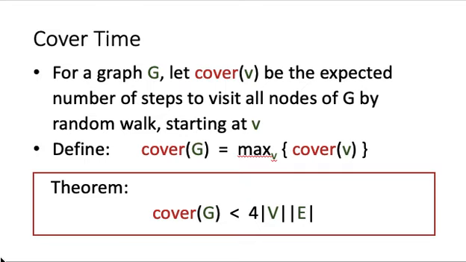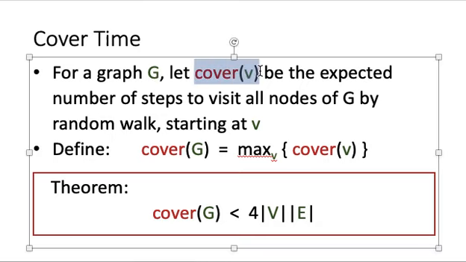Okay, next, based on the random walk on the graph, we can talk about cover time. What is meant by cover time? For a graph G, we let this notation cover of V be the expected number of steps to visit all the nodes of G by random walk, and this little v specifies that our starting point is V. So we start from V, and ask what is the expected number of steps that we travel so that all the nodes of G will be visited.